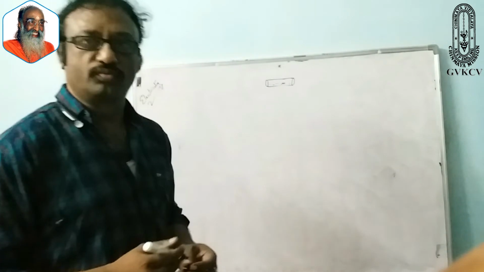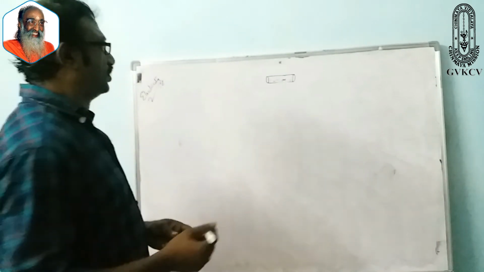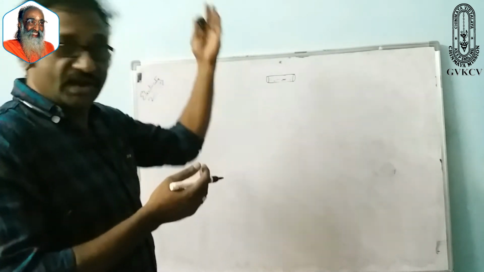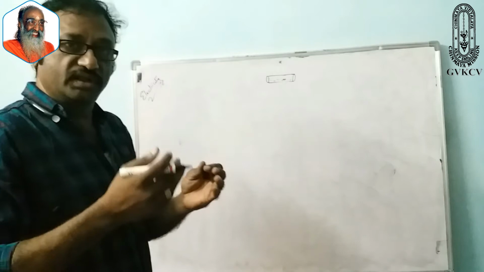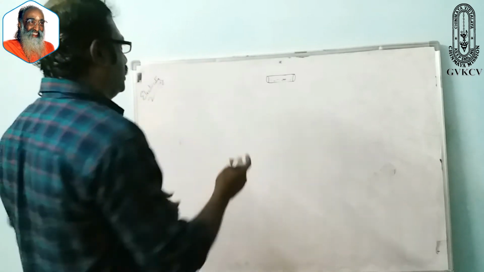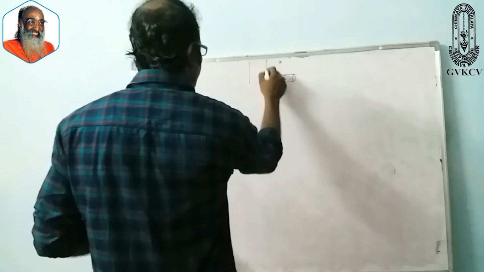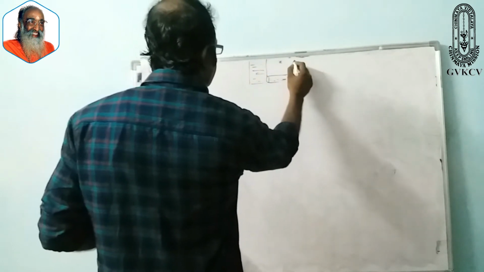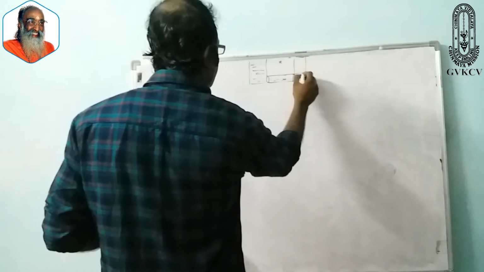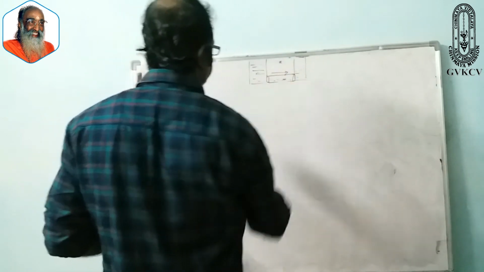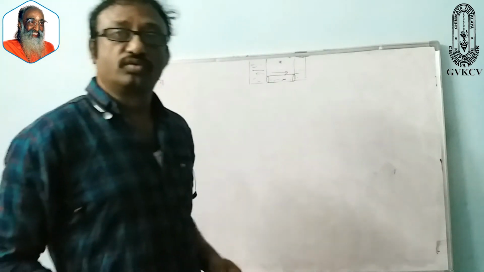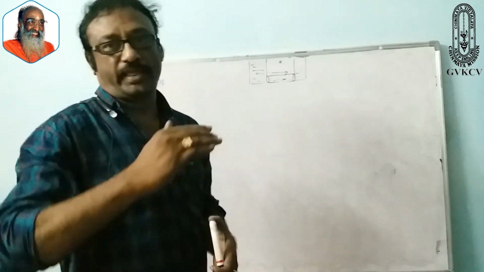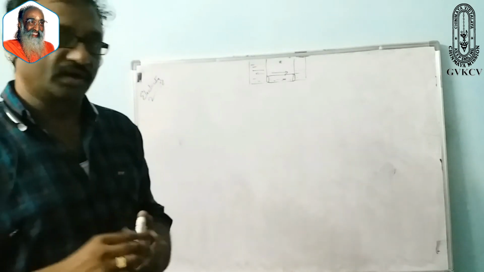To make the water flow, one end is to be connected to the tank at a higher level, and the other to the tank at a lower level. Then the water will flow. That means to make the water flow, we connect the pipe to a higher level at one end and a lower level at the other.